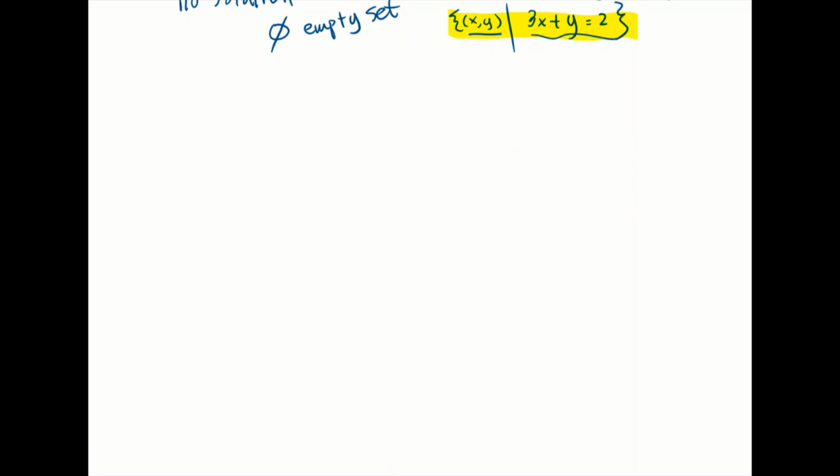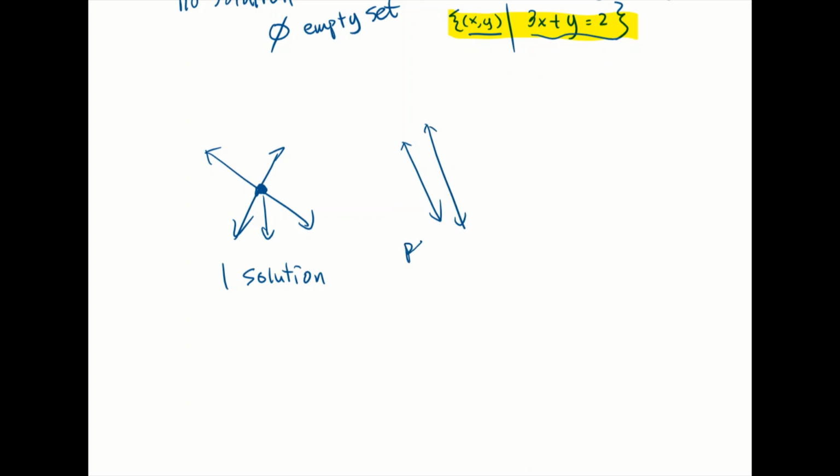To sum up, if you have two lines that intersect at one point, that means you have one solution, and the solution is the point wherever they intersect. If you have two lines that are parallel, that means you have no solution because parallel lines do not intersect.